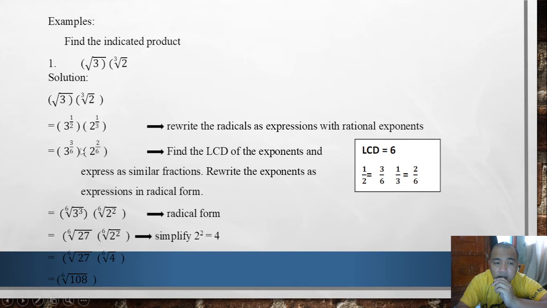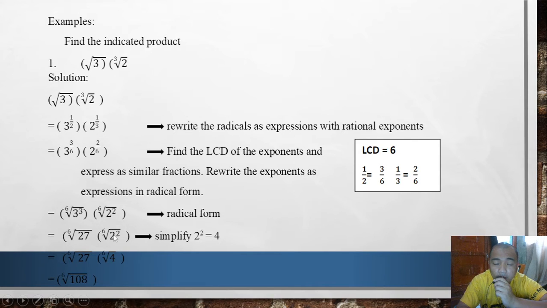So when they are similar, we can now rewrite the exponent expressions in radical form. So 3 raised to 3/6 means 6th root of 3 cubed. This one, 2 raised to 2/6 means 6th root of 2 squared. Simplify, 6th root of 27 times 6th root of 2 squared, which is equal to 4.